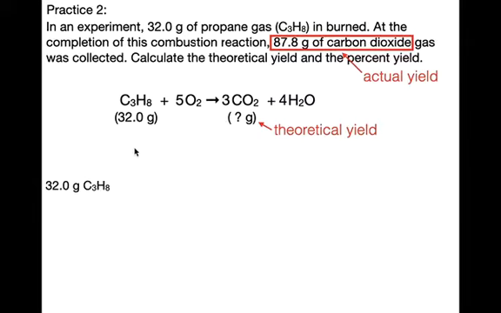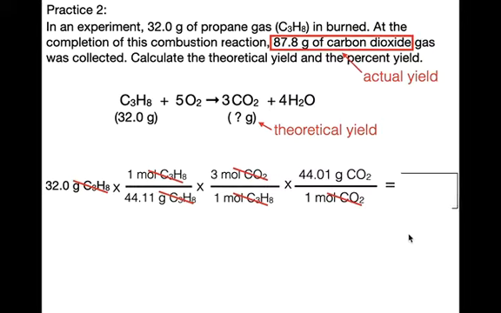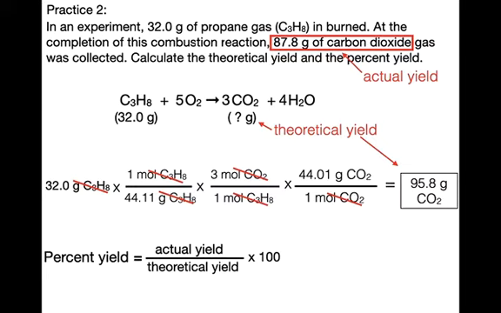So converting the grams of propane to moles, into moles of carbon dioxide, to grams of carbon dioxide, our theoretical yield is 95.8 grams. Dividing that into the actual yield gives us 91.6%.